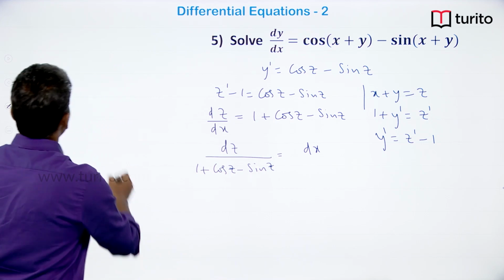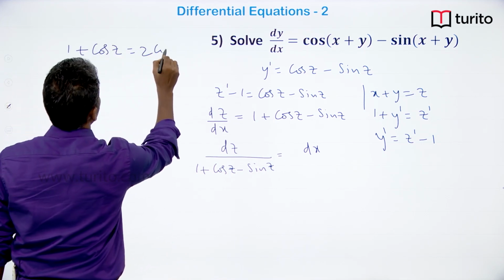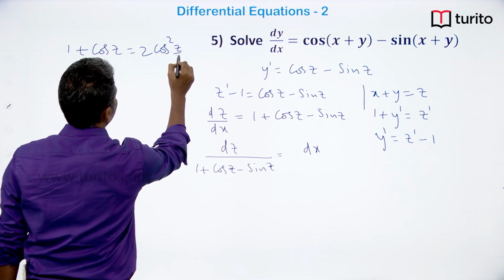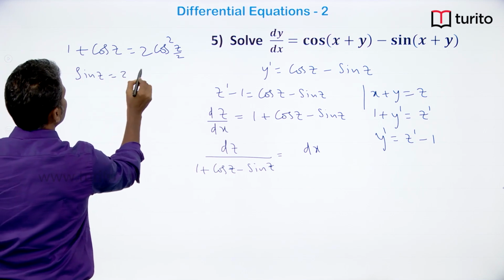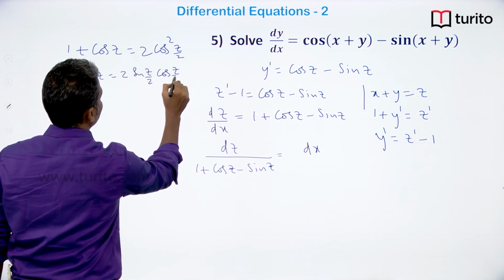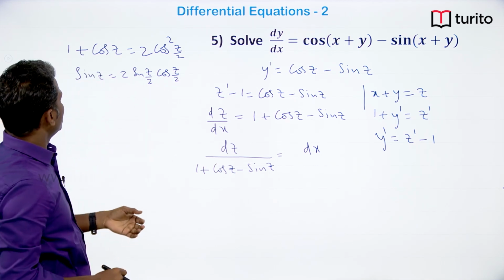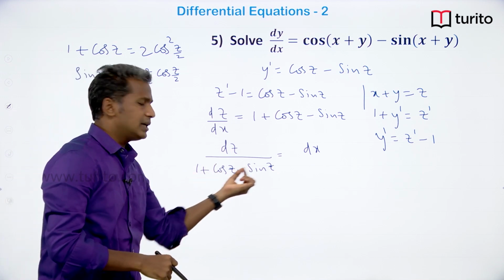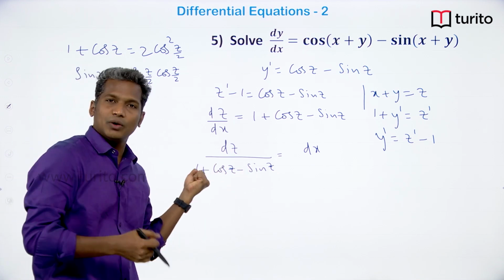Okay. So, 1 plus cos z here can be written as 2 cos square z by 2, and sin z can be written as 2 sin z by 2 cos z by 2. Now, I divide the entire denominator by 1 plus cos z, that means I am taking 1 plus cos z common.